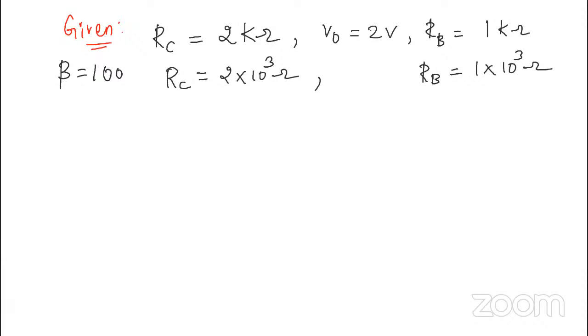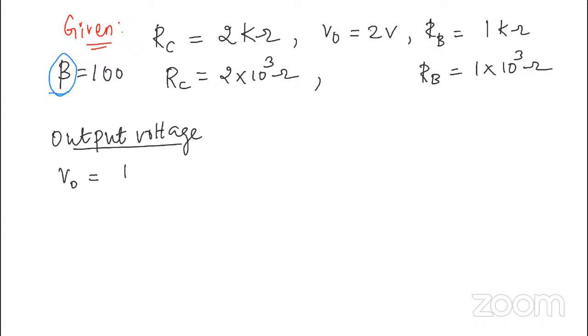Right. Next, we can calculate the output voltage. Output voltage நம்மளுக்கு என்ன formula? அதுக்கு போறதுக்கு முன்னாடி here we have beta, right? அந்த beta அப்படியே வச்சுக்கோங்க. Output voltageக்கு என்ன formula? V naught is equal to IC into RC. Okay, right.